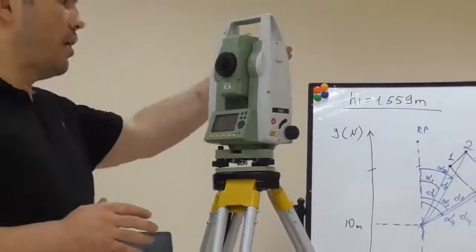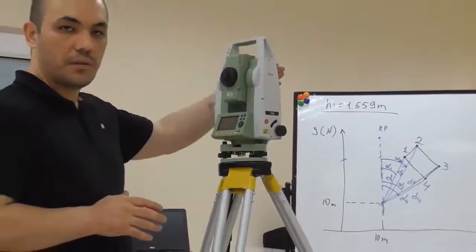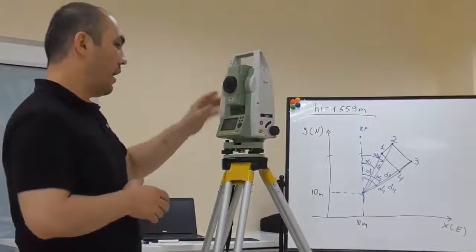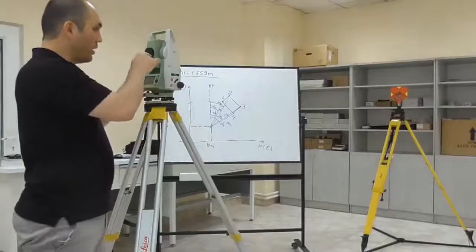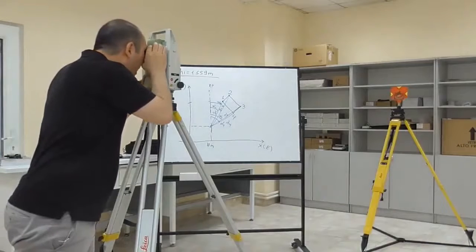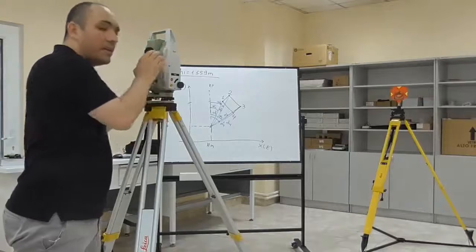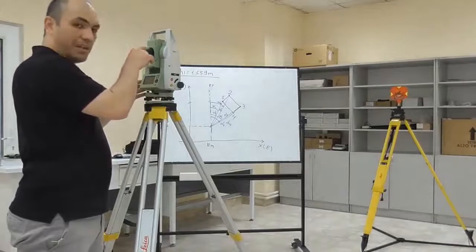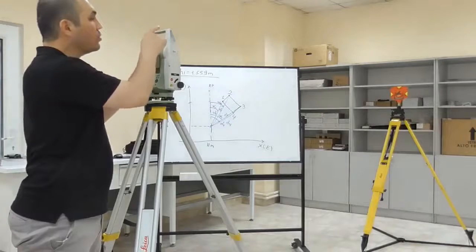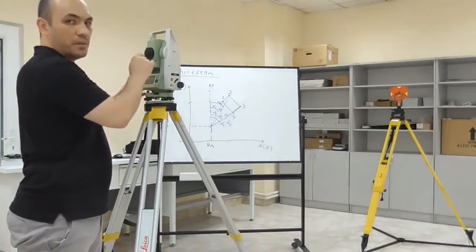The only thing left is to set our reference point. I have to look through the eyepiece of the telescope and try to bisect the prism with the crosshairs of the telescope.